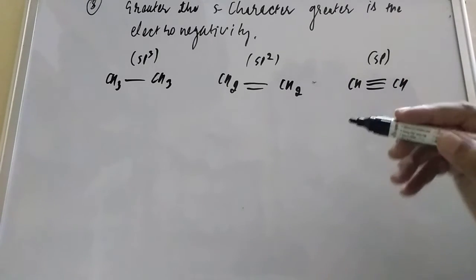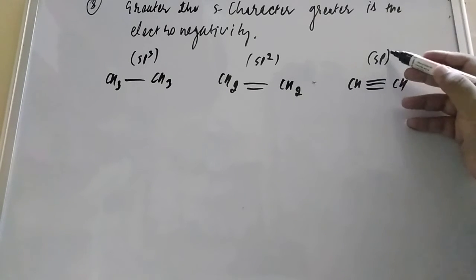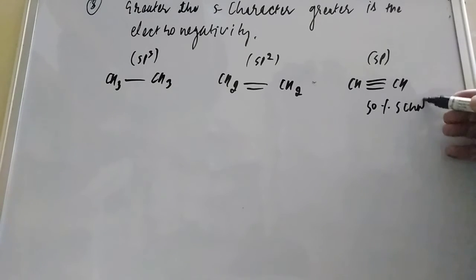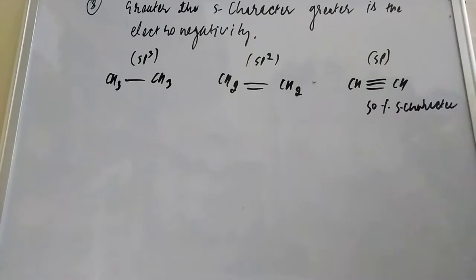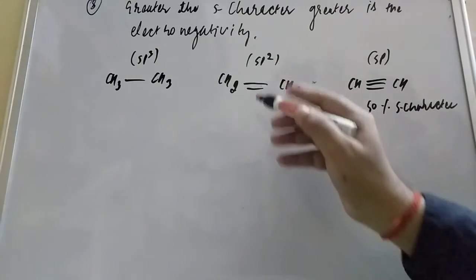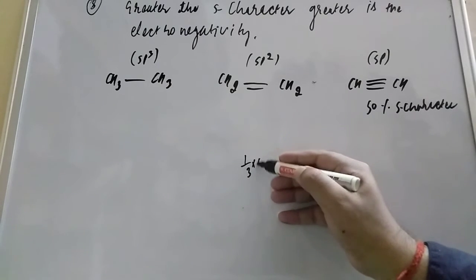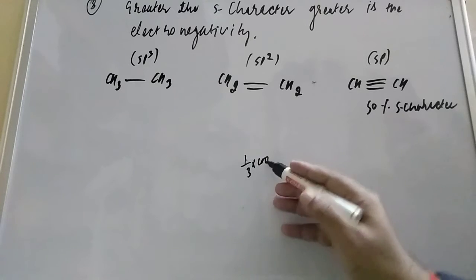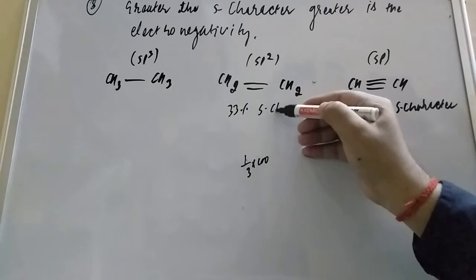Now when calculating the S character: sp is 1:1, which means 50% S character. For sp2, there are 2 P and 1 S, so the S character is 1/3 into 100, because the S orbital is 1 and the total is 3. That is 33% S character.